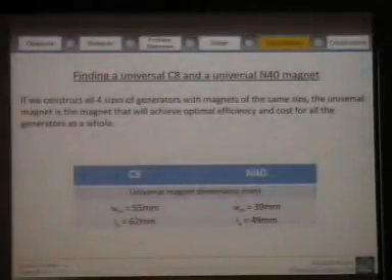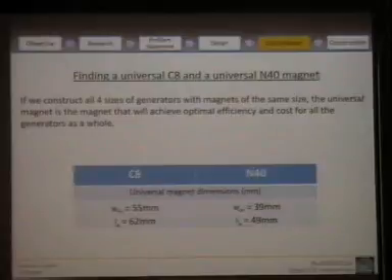We also searched for a universal optimal magnet for both of the magnetic materials, which would be used in all the range of blade rotor radii that we studied. We call universal magnets the magnets that would achieve optimal efficiency and cost for all the generators if all of them were constructed with the same magnet.